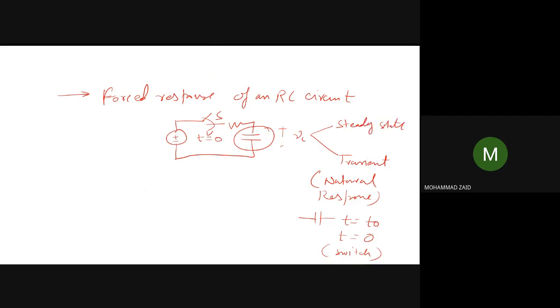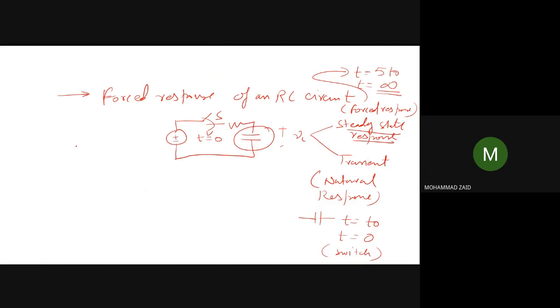That is also known as forced response. That response will happen at 5 t naught, or famously it is called the response of the circuit at t is equal to infinity.